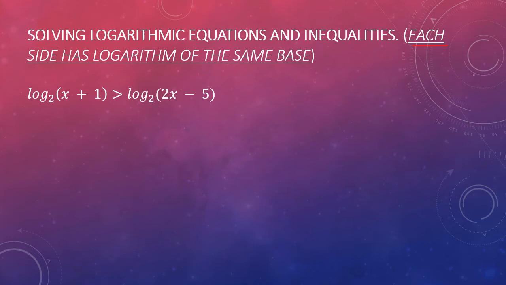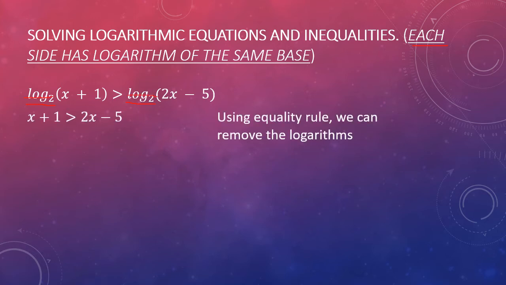So if we notice, we have the same base. Each side has a logarithm of the same base. Therefore, using the equality rule of logarithms, we can drop or eliminate these two. Therefore, our inequality will become x plus 1 and 2x minus 5.